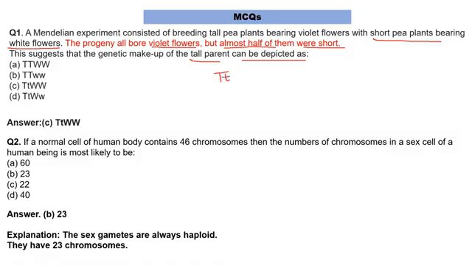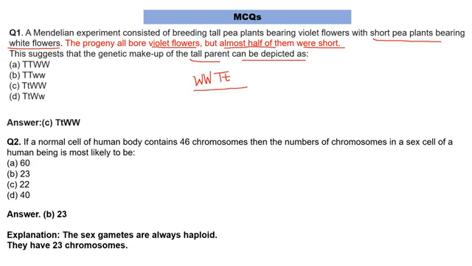Tall and short, both the dominant and the recessive genes are present in the gametes. Regarding the violet flowers, because all the plants were bearing violet flowers, that means the dominant violet flower, that is homozygous dominant condition, is present in the gametes. So this should be the constituent of progeny.